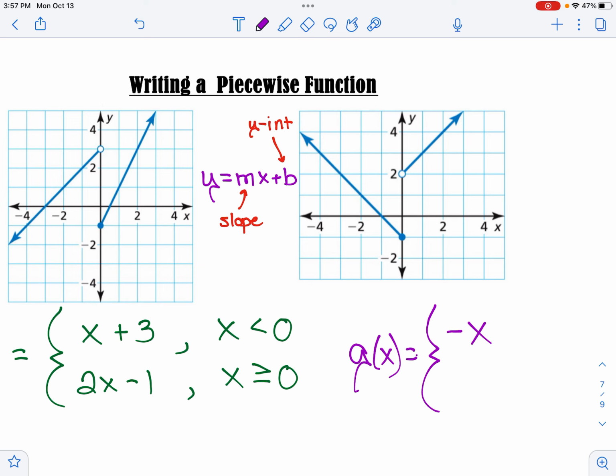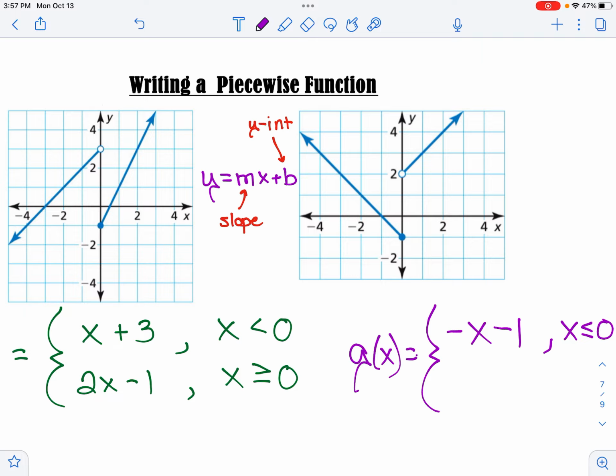It looks like up 1 and to the left 1, which would be 1 over -1. So that's -1. And then my y-intercept here is -1. And again, this is when x is less than or equal to 0, from here to the left for that piece.